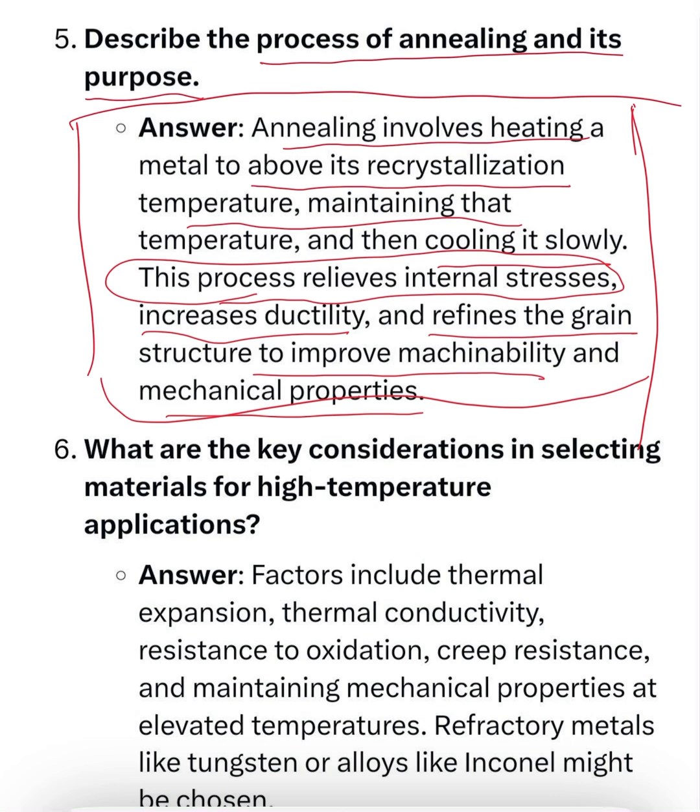I have tried to define all the types of annealing there, but I will make a separate video on this as well. The main purpose of the annealing process is to relieve the internal stresses, increase the ductility, refine the grain structure, and improve the machinability. These are the important things.